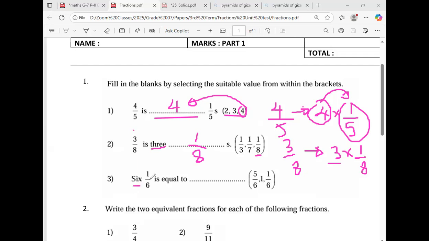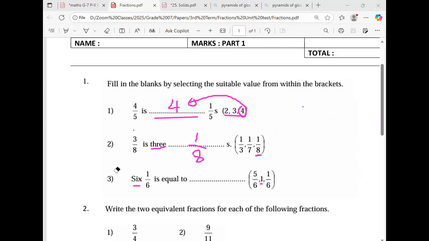Next, 6 1 upon 6. 6 1/6 is equal to the answer. Here, this one. I will remove the previous things.